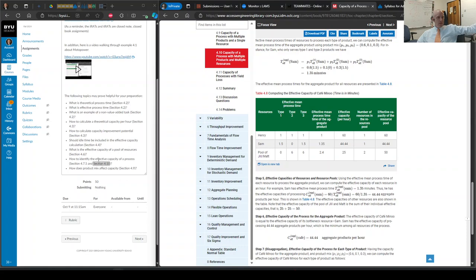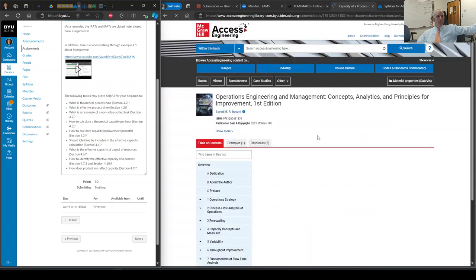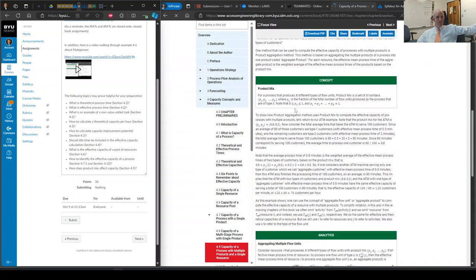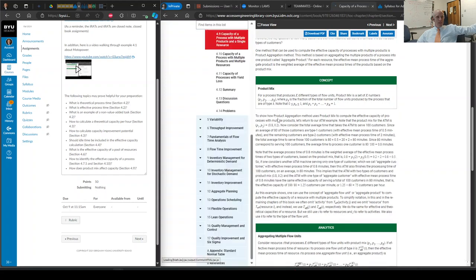That's the answer to that one. Finally, how does the product mix affect capacity? Section 4.9, we're going to talk about product mix, and that's referring to the level of different products that go through the process.